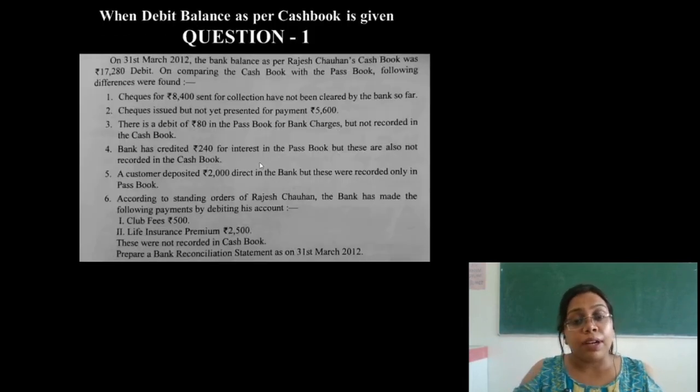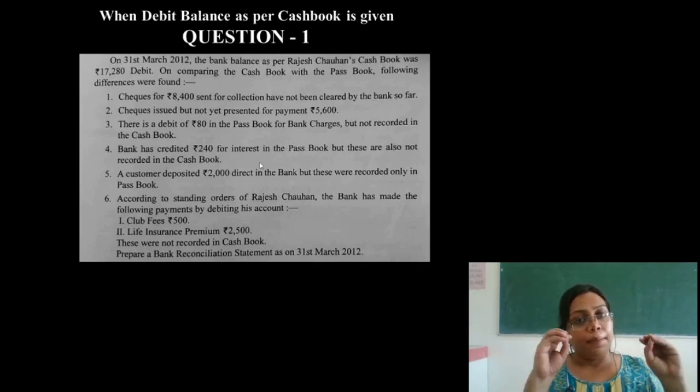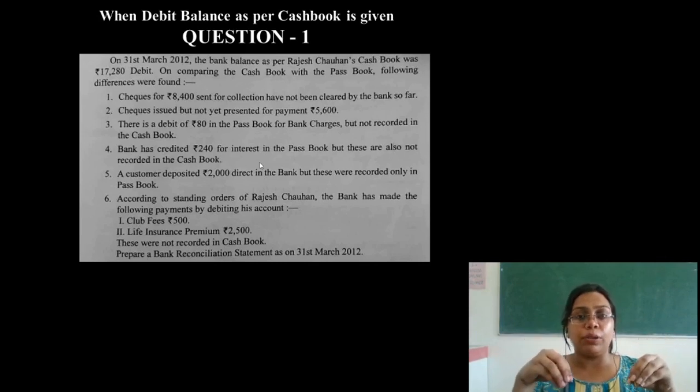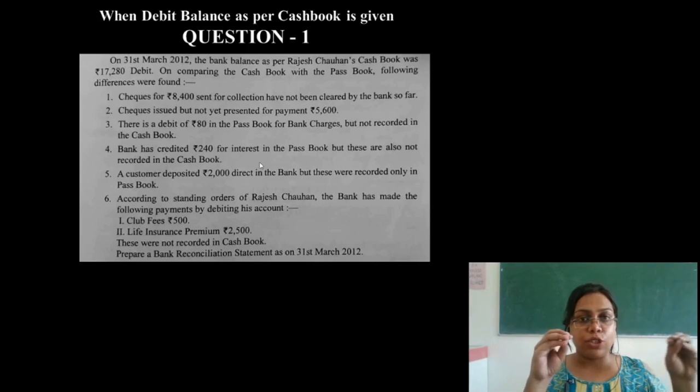Next is, the bank has credited rupees 240 for interest in the passbook, but this is not yet recorded in the cash book. The bank has deposited rupees 240 to my bank account as interest, and this information is available in the passbook, but I don't know about this until I have seen the passbook.